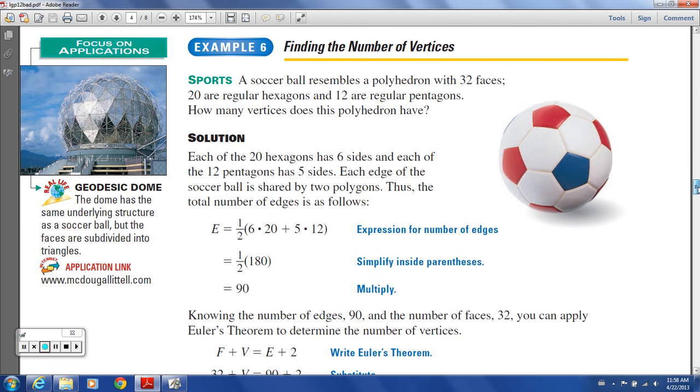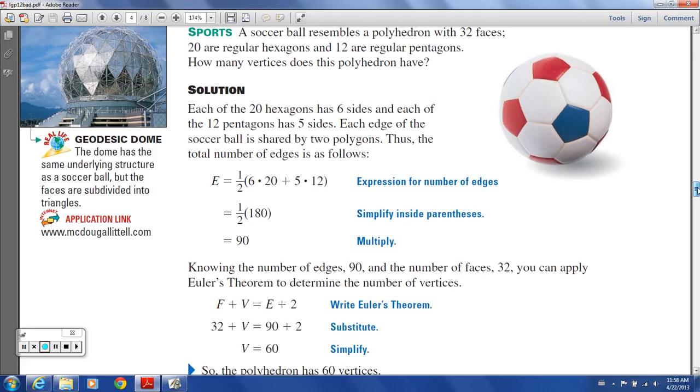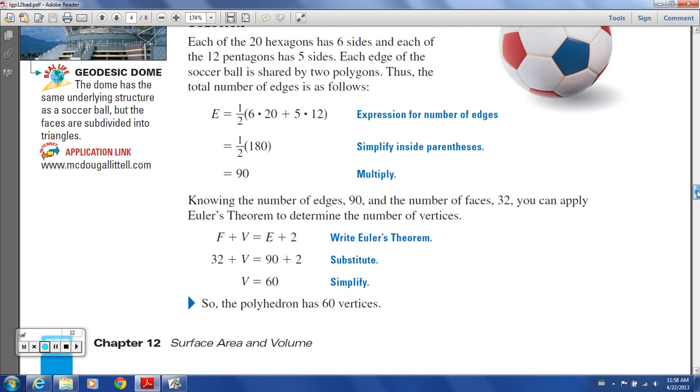And if you like soccer, maybe you've never noticed this, but there are actually polygon faces. Yes, it is generally a sphere, but the faces themselves are polygons. And so if you think of it as a polyhedron, these being the faces, you can apply Euler's theorem here again as well. F plus V equals E plus 2.